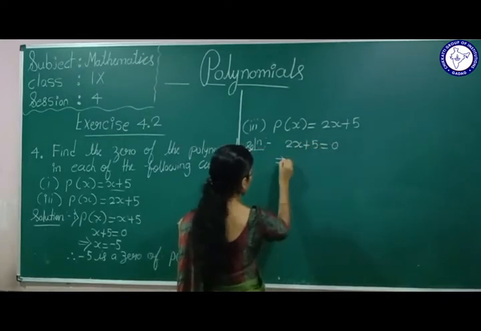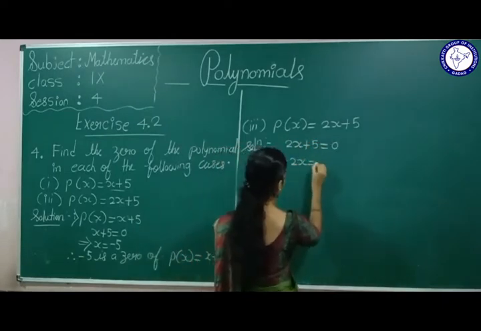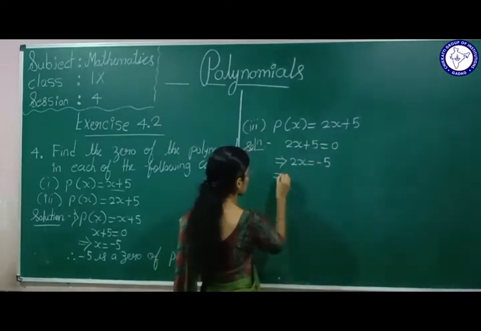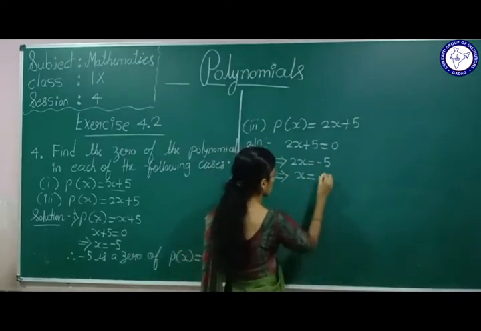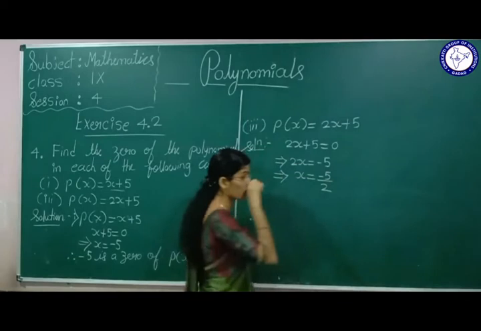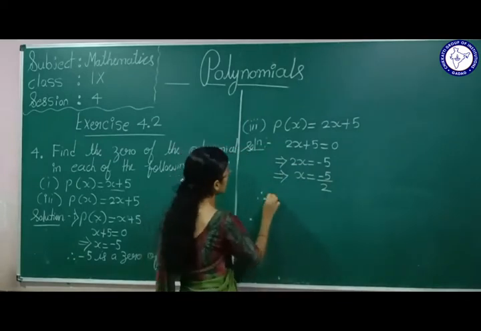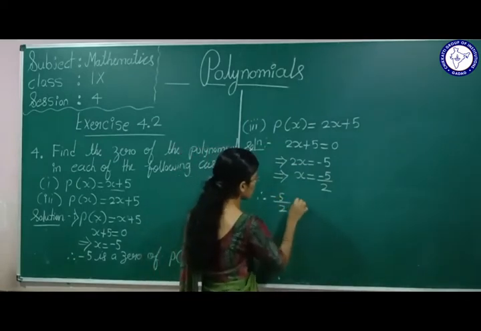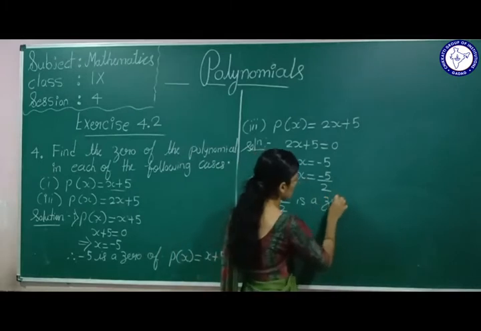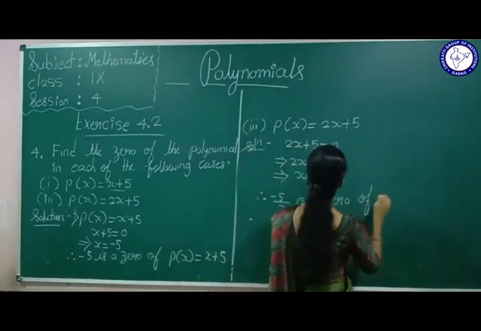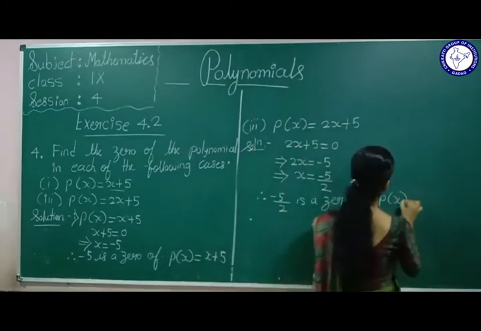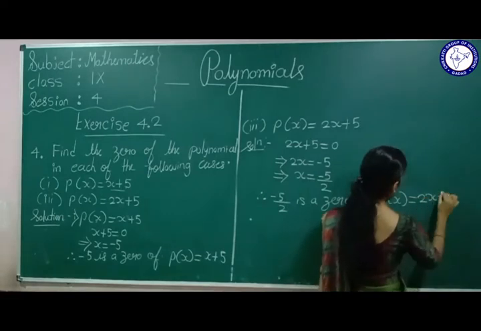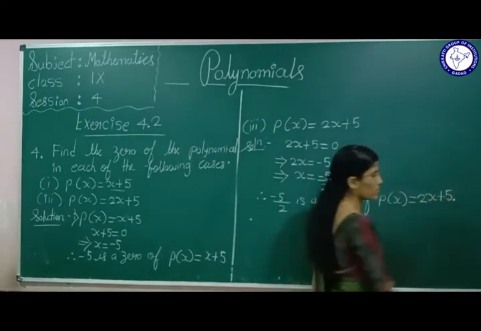So this implies 2x is equal to minus 5. This implies x is equal to minus 5 by 2. Therefore, minus 5 by 2 is a zero of the polynomial p of x is equal to 2x plus 5.